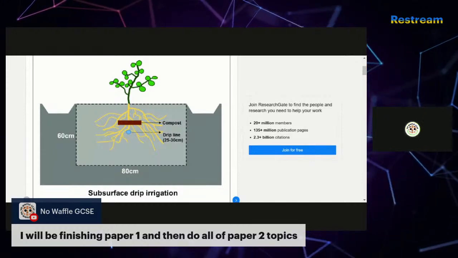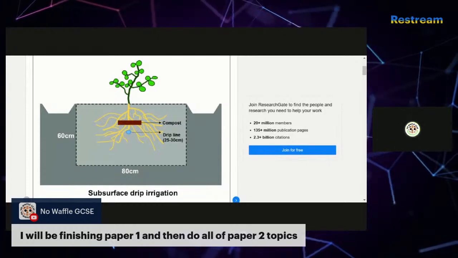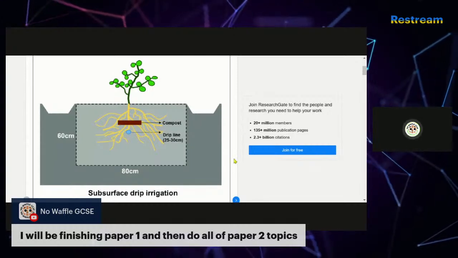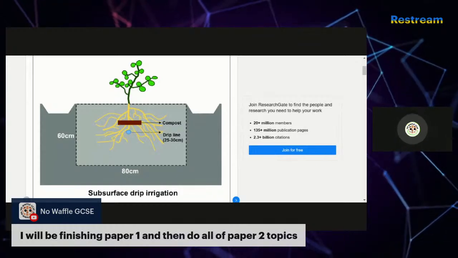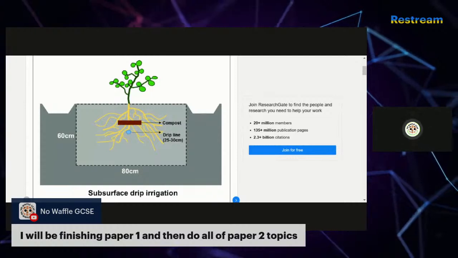Unable to find a good diagram. Sorry, there's a bit of delay with this, but yes, gravity flow is digging ditches and channels to transport the groundwater and allow fields to access the water.